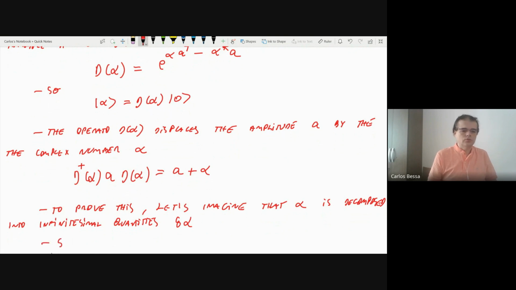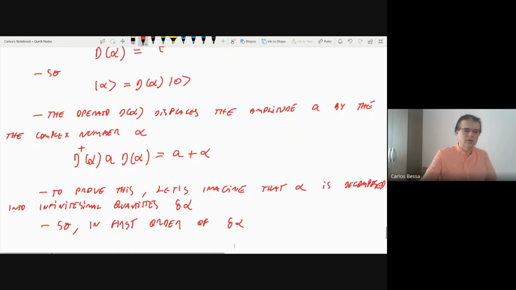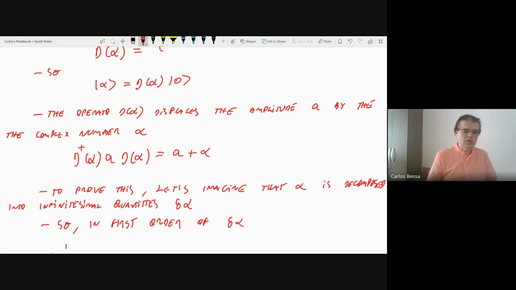So in first order of delta alpha, we can use this definition here of D and apply to this guy here. So D dagger delta alpha applied to a, D delta alpha.